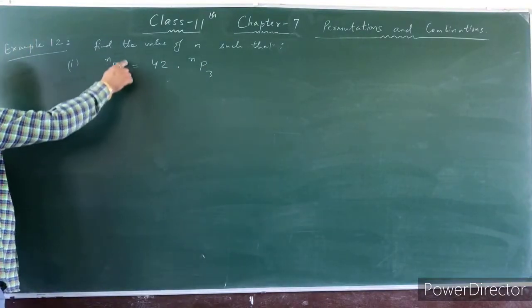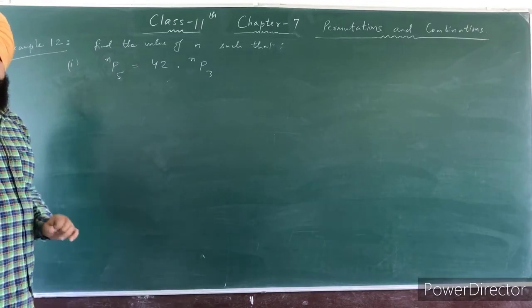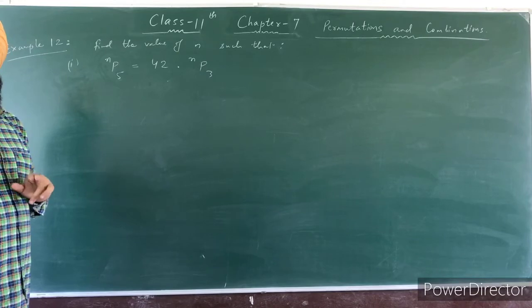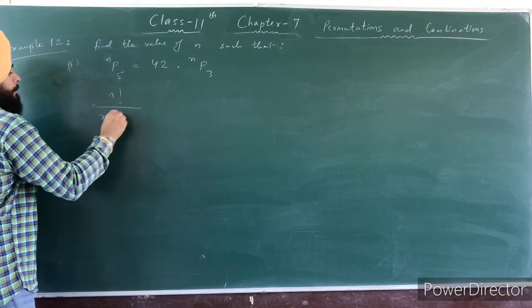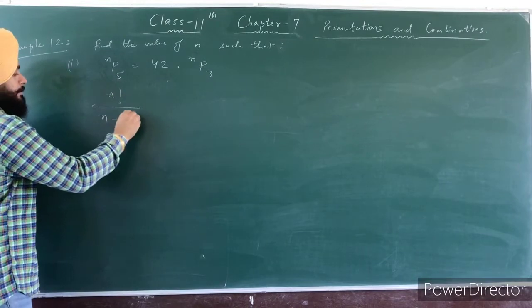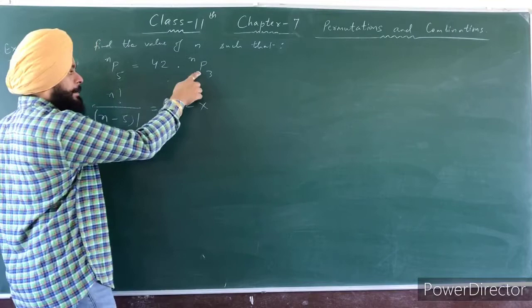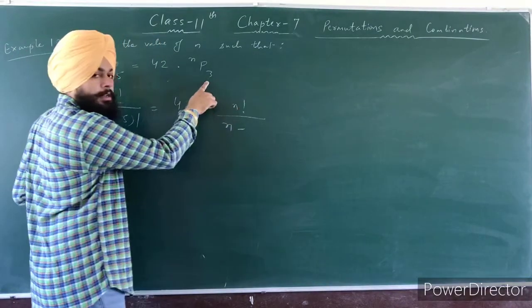So you have to use the formula of permutation nPr. What is the formula? n factorial divided by n minus r factorial. Here the value of r is 5, is equal to 42 multiplied with nP3. The formula is n factorial over n minus r factorial. Here r is 3.